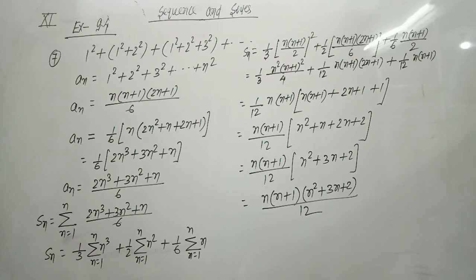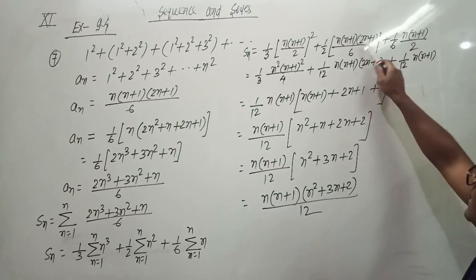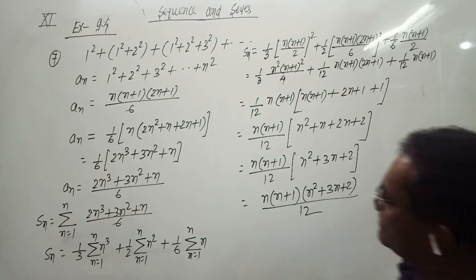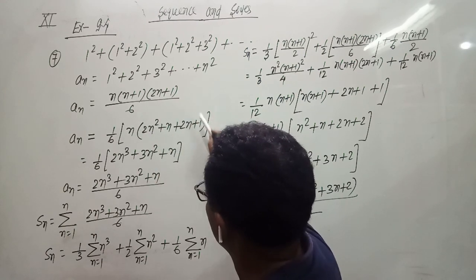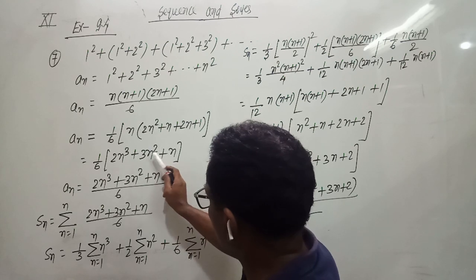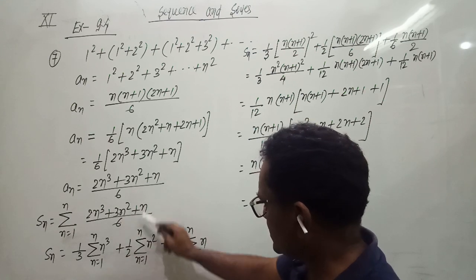n into n plus 1 the whole square. n plus 1, 2n plus 1 upon 6, sigma n plus 1 by 2, 1 by 6, n plus 1 by 2n plus 1, n 1 by 6, n 2n square plus n plus 2n plus 1, so 2n cube plus 3n square plus n, 2n cube plus 3n square plus n by 6, 1 by 3 sigma n cube, 1 by 2 sigma n square, 1 by 6 sigma n.